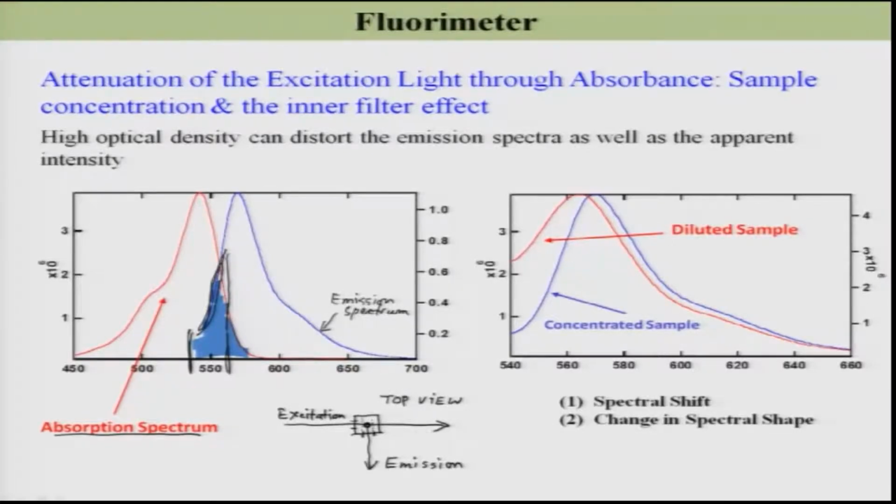Clear? So, if the concentration of your sample is high, that means absorbance is high, then the emitted photon in this wavelength window could be reabsorbed by the molecules, because you have a large amount of molecules and the concentration is very high.